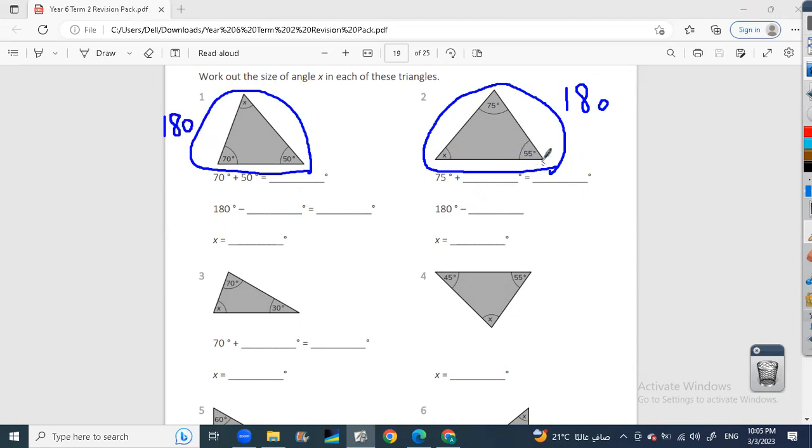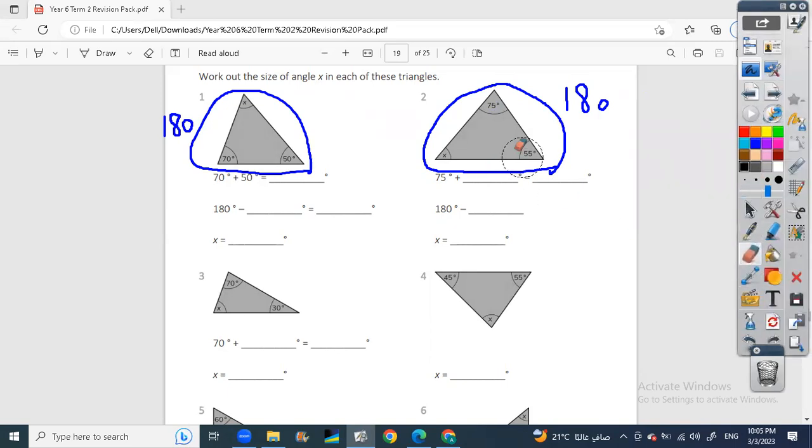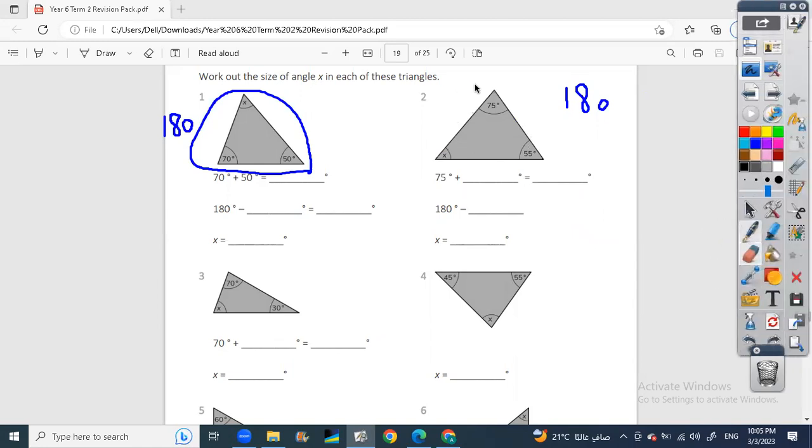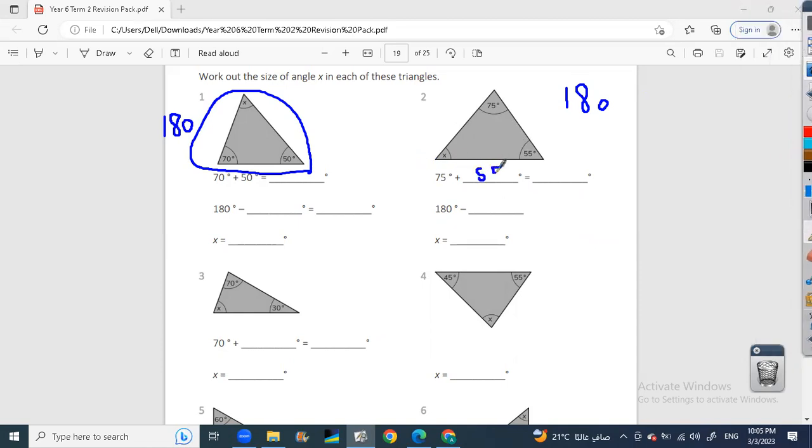So here, let's do this. 75 plus 55, sorry about my handwriting, is going to be 130 degrees.